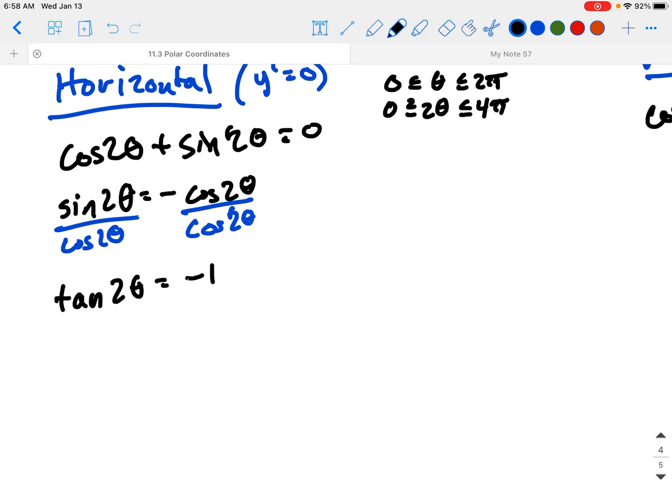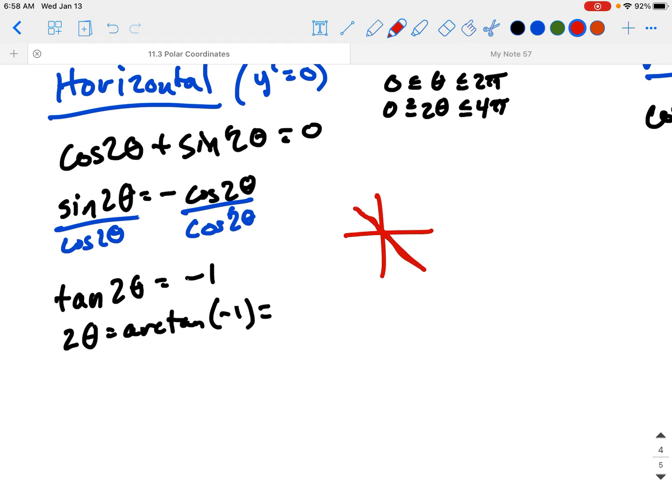So we'll take the arctan of both sides. So 2 theta is equal to arctan -1, which is going to equal a bunch of angle measures. So let's see what it's going to be. So note arctan is going to be -1 in the second and fourth quadrants at the 45-degree measures there.